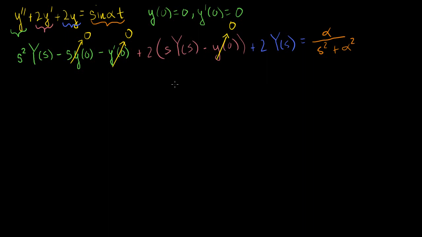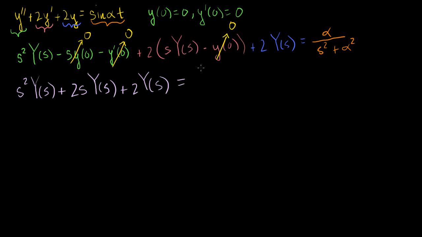So our whole expression becomes s squared times Y of s plus 2s times Y of s plus 2 times Y of s is equal to alpha over s squared plus alpha squared.